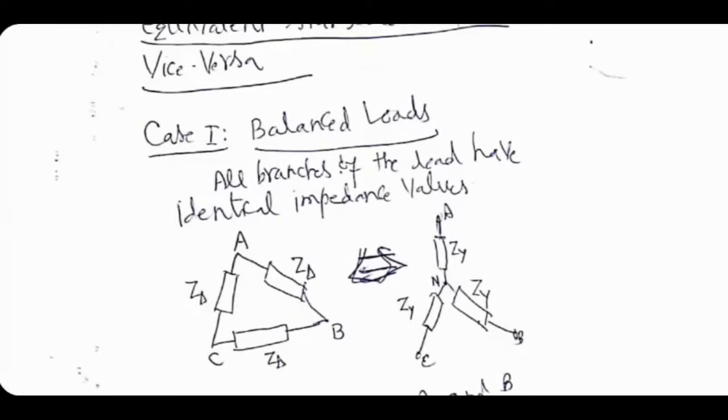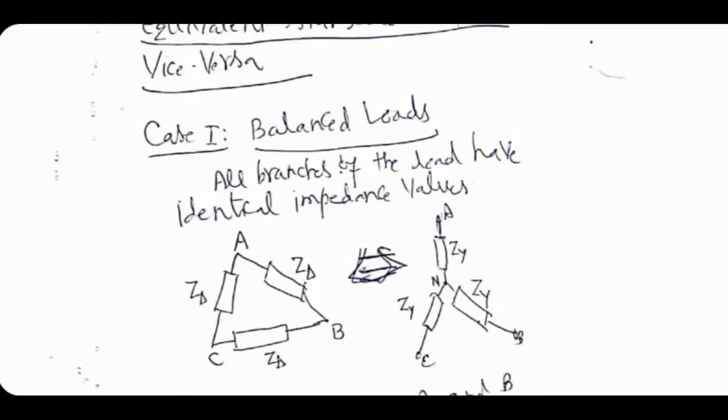There are two branches between A and B. One branch is simply Z delta, which is between A and B direct. The other branch is through the node C, which has got Z delta plus Z delta. So you have a parallel combination of Z delta and 2Z delta.